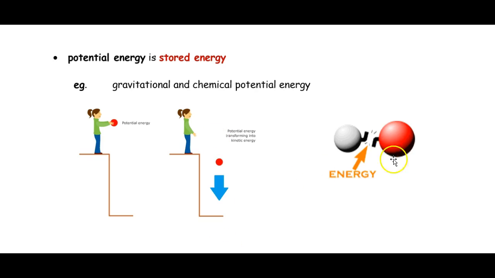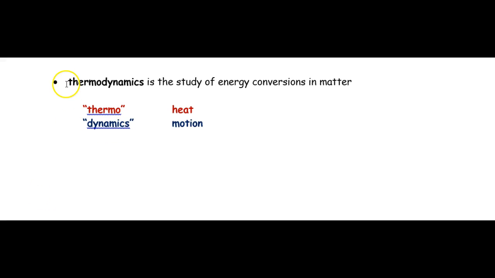In the same way, we can talk about there being potential energy in the bonds between atoms. There is energy stored in that bond, and we can harness that energy by breaking bonds. And so broadly speaking, this brings me to the topic of thermodynamics, and we're going to have to investigate a couple of the laws of thermodynamics to make sure that we're on track for talking about metabolism.